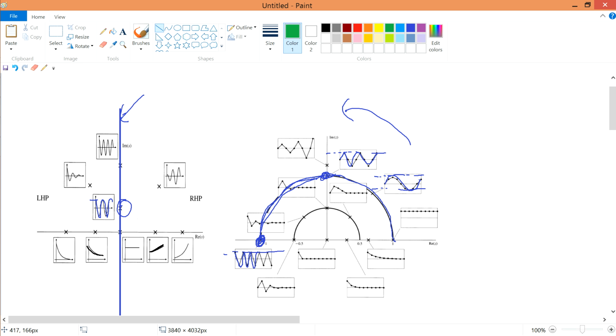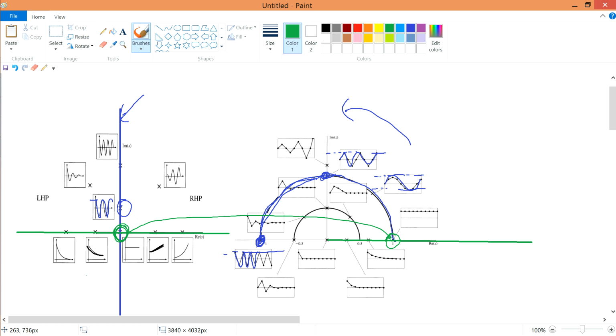Now we're going to indicate the real axis as the green one. This green one is in fact from here to here. Why? As we say, this point over here is mapped onto this point, correct?